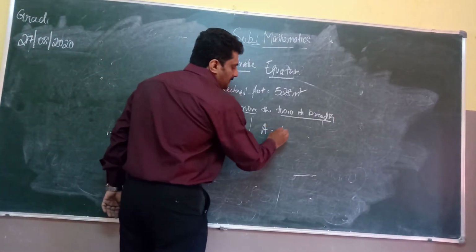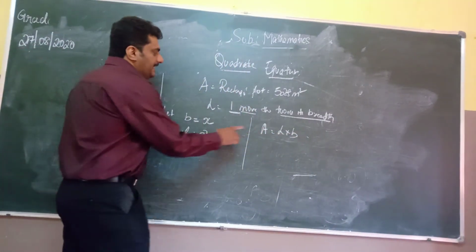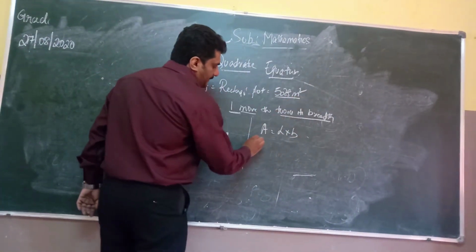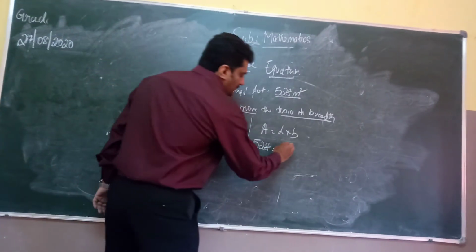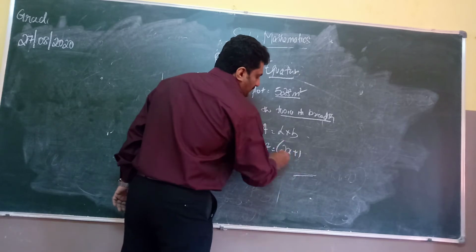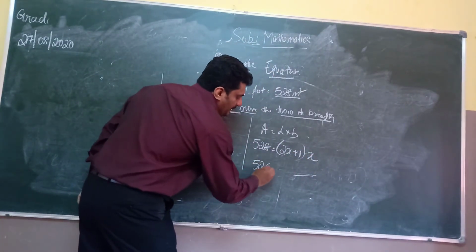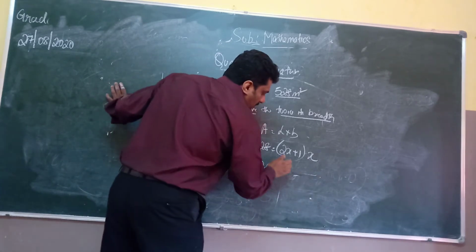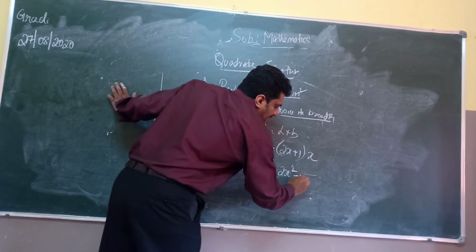Now how do we write this in an equation? Area is length into breadth. What is the area they have given? 528. So 528 is equal to 2x plus 1 into x, that is 2x squared plus x.